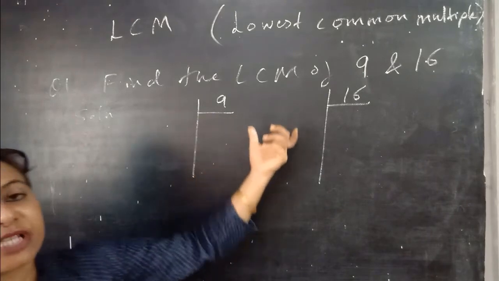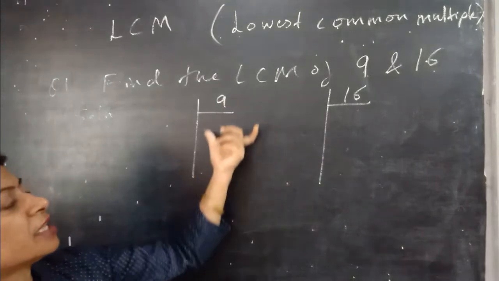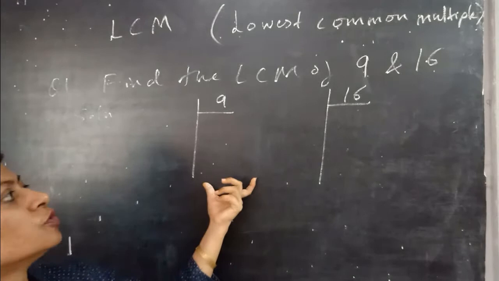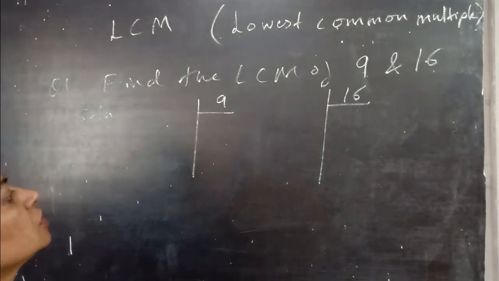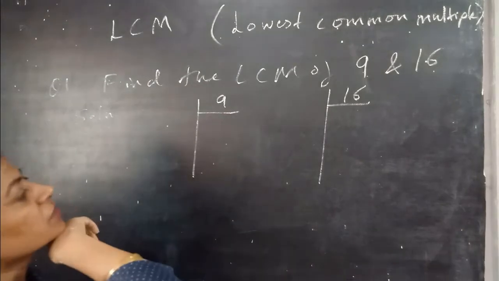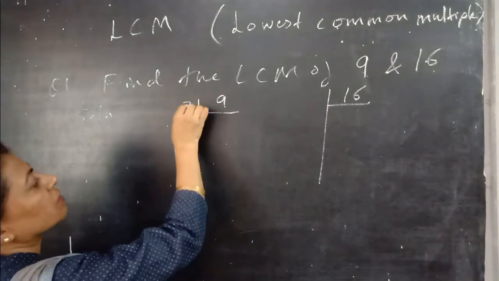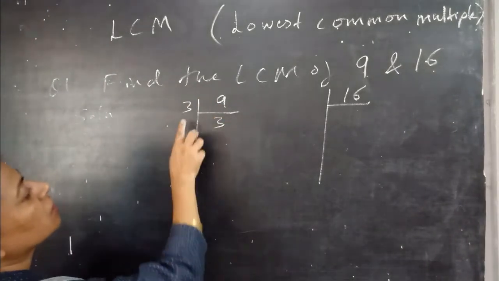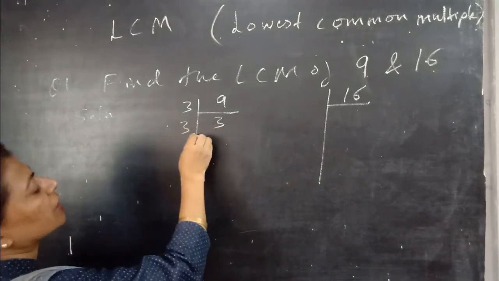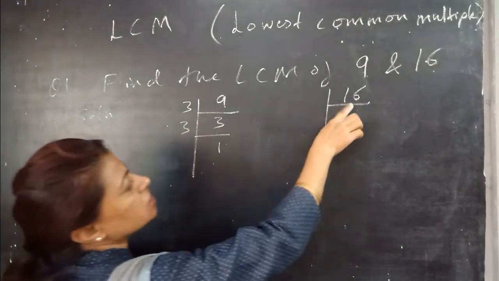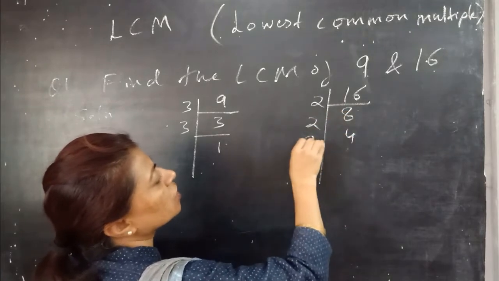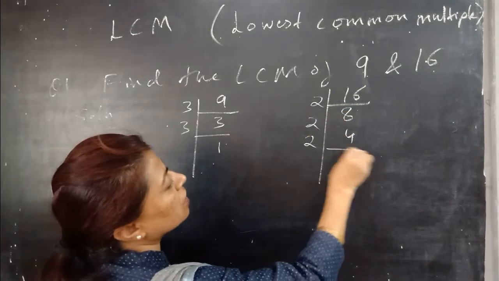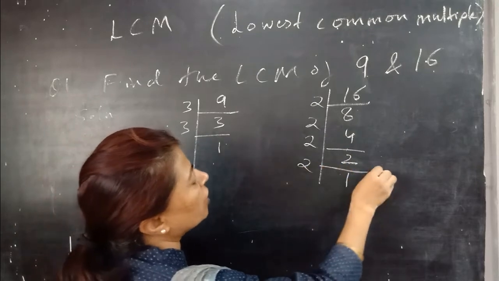You can find them separately or you can take them together also. I will tell you both processes. If you are taking them separately, check by which table it can be cancelled. 3, 3 are 9, and 3 one time. 16 comes in the table of 2: 2, 8, 16; 2, 4, 8; 2, 2, 4; and 2 one time.